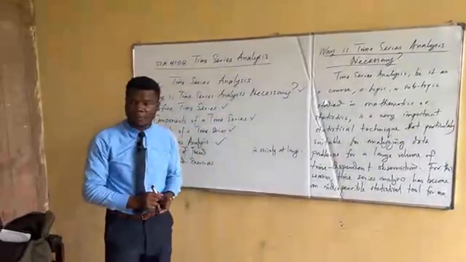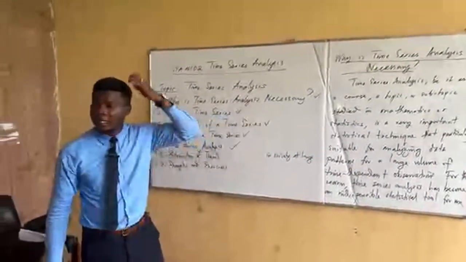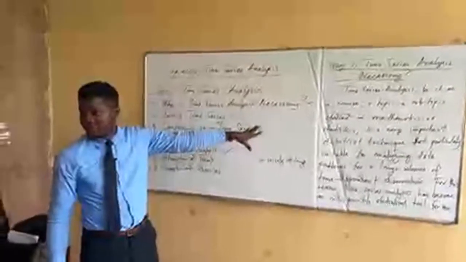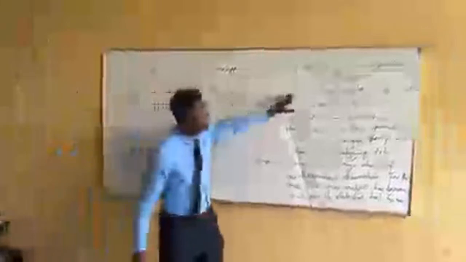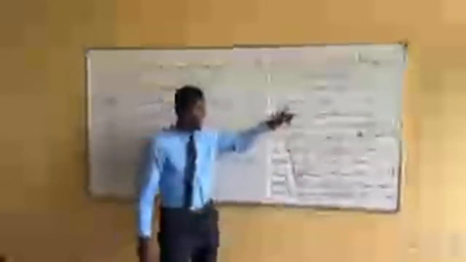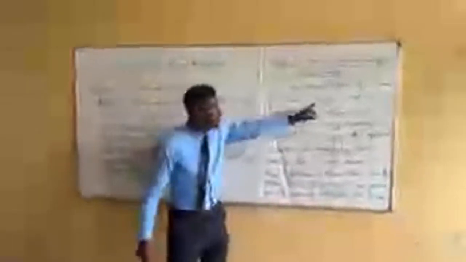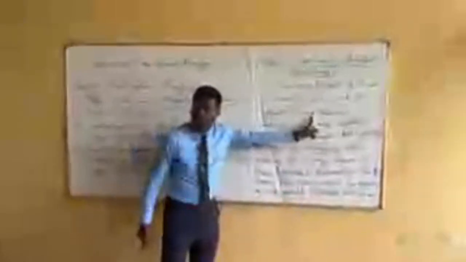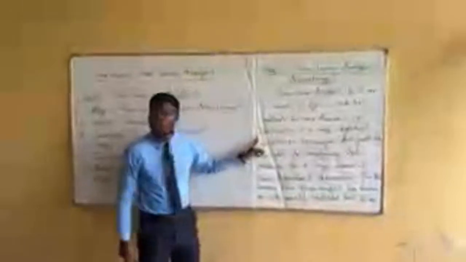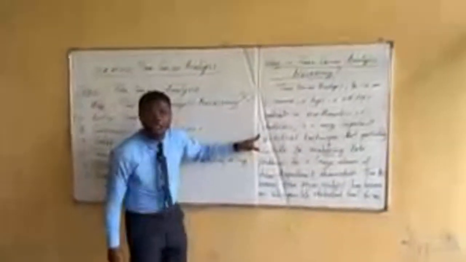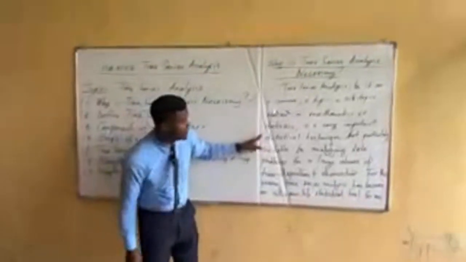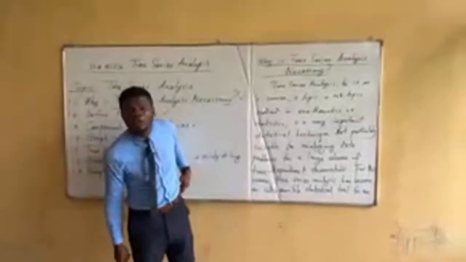That's my first paragraph. So everything I have said so far, some of them are captioned in this statement. Please take note. Time series analysis, be it as what? A course, a topic, a subtopic studied in what? Mathematics or statistics. It is not only in statistics we do time series. Please take note. You get me? So in the broad field of mathematics, we also do what?